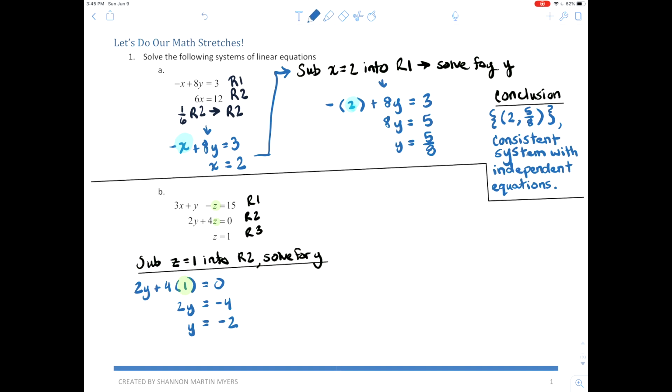So let's do it. I guess I can number these. So 2, substitute z equals 1 and y equals -2 into row 1, and that will enable us to solve for x.